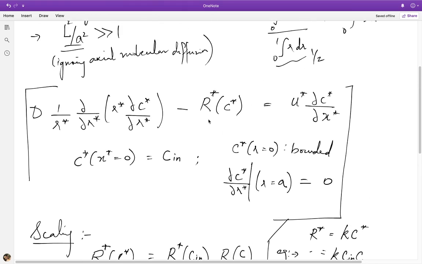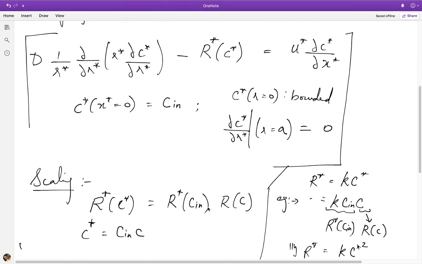So now with this non-dimensionalization in mind, keeping in mind that R star of C in is some constant with the dimensions of reaction rate, which means it's for example moles per unit time, those are units of R star, and R of C is non-dimensional. We can now proceed with scaling the other terms.